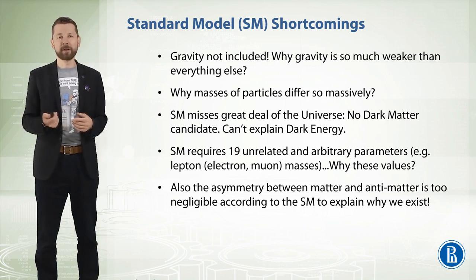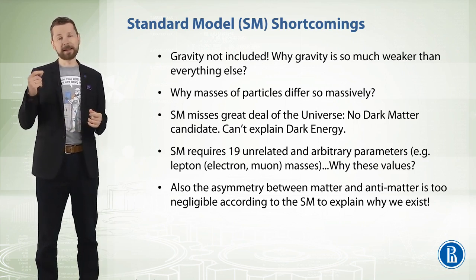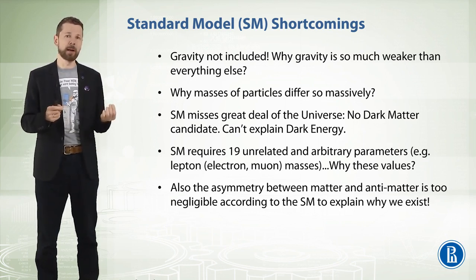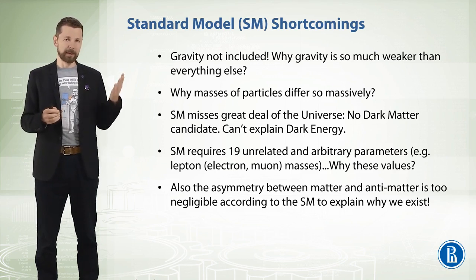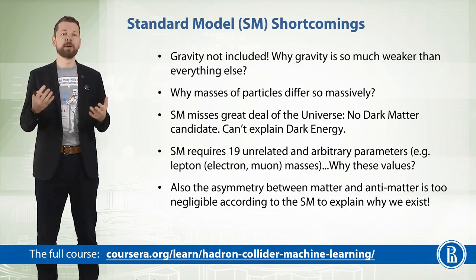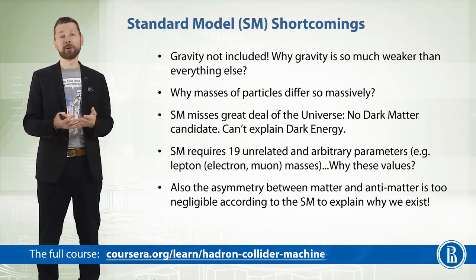Also, the Standard Model does not explain the asymmetry between matter and antimatter well enough. We know that a vast amount of matter exists in the universe around us and almost no sign of antimatter. So this asymmetry cannot be explained by the current version of the Standard Model.